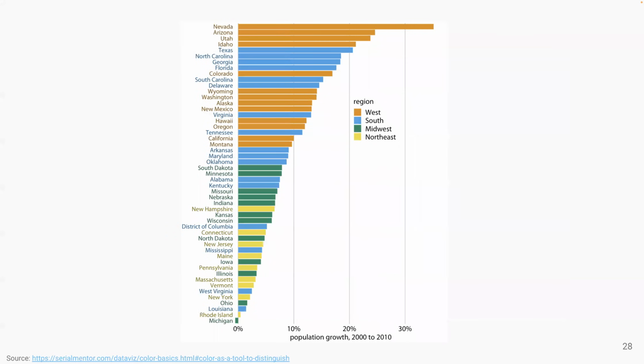So one of the examples about color choice: this is the color information about the model region, right? And this is the West, South, Midwest, and Northeast, and the color code used by different bars.